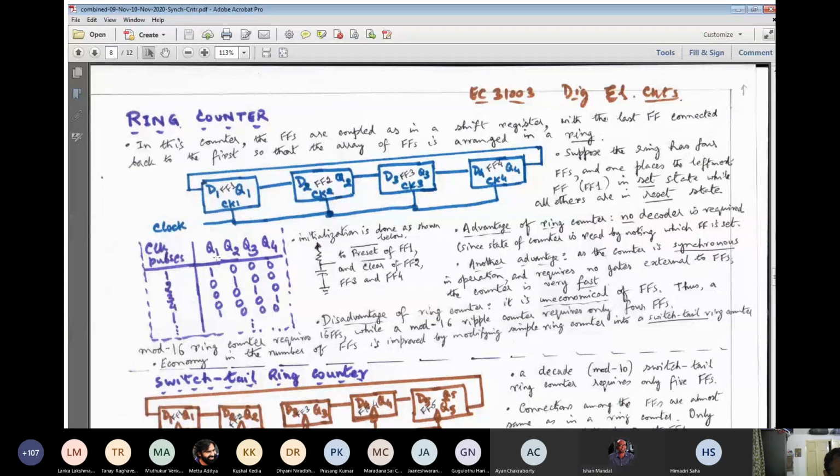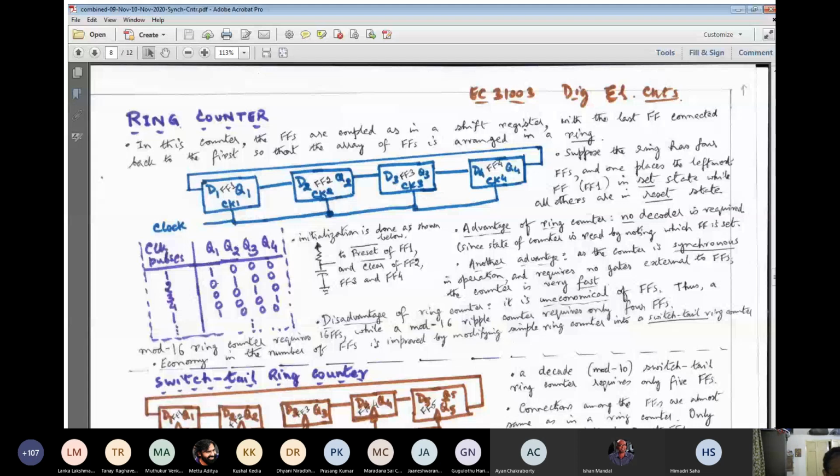This one will progress from left to right, and you see this 0 will come here because this 0 is connected. So next it will be 0, 1, 0, 0. Then again in a diagonal fashion, the 1 is going from FF1 to FF2, then FF3, then FF4. And finally, again this 1 followed by 3 zeros will be accessed after a period of 4 clock periods.